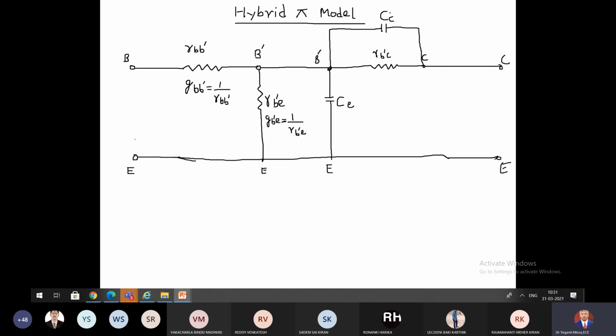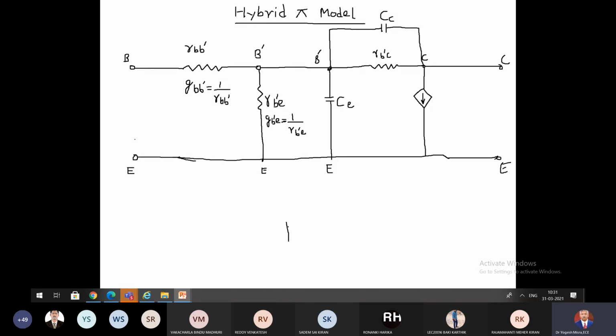Now between collector and emitter, one current source will be drawn. This is the direction of current between collector and emitter.